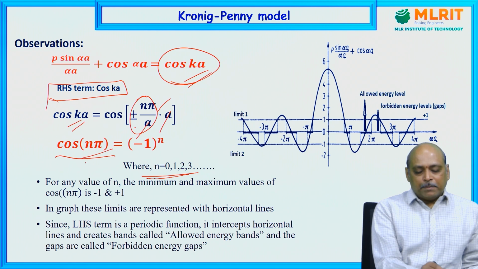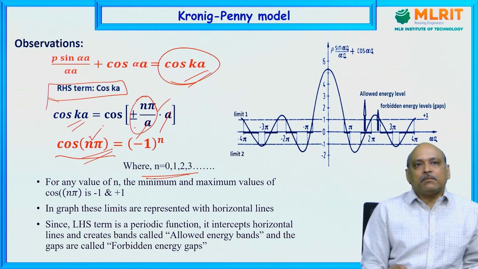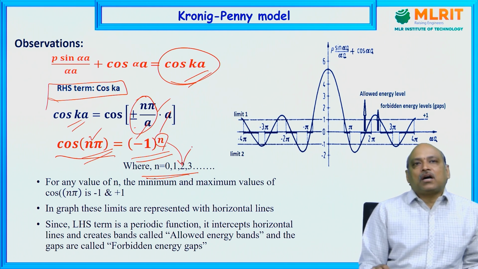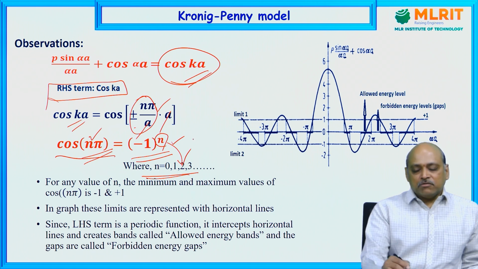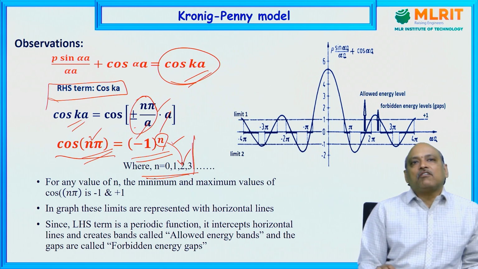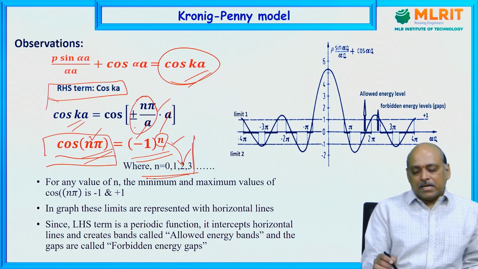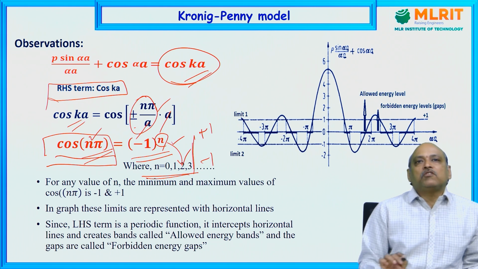So cos n pi, for any value of n, can be taken as minus 1 to the power n, where n can be 0 or 1 or 2 or 3, any value. So minus 1 to the power 0, minus 1 to the power 1, minus 1 to the power 2, like this if you go on writing any value of n, the maximum and minimum value of cos n pi is plus 1 and minus 1, in between no values can be taken.